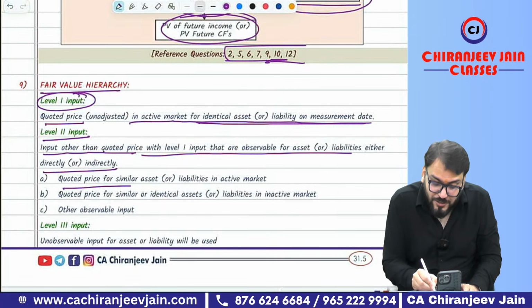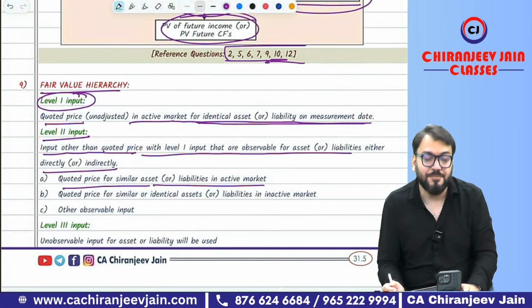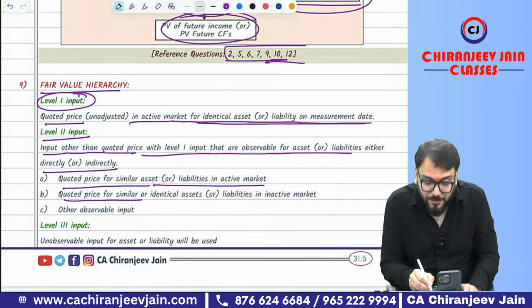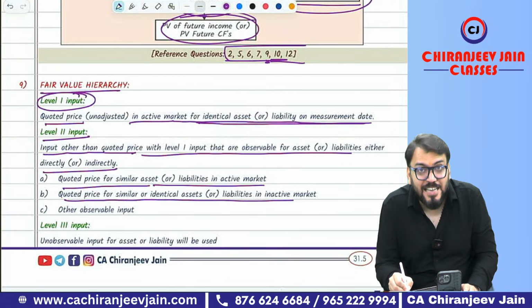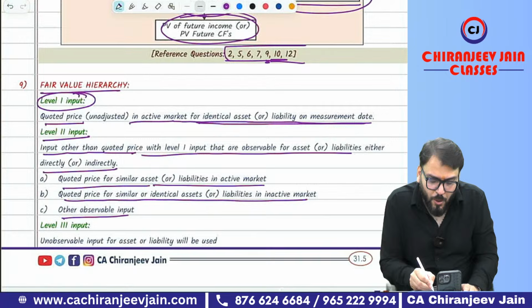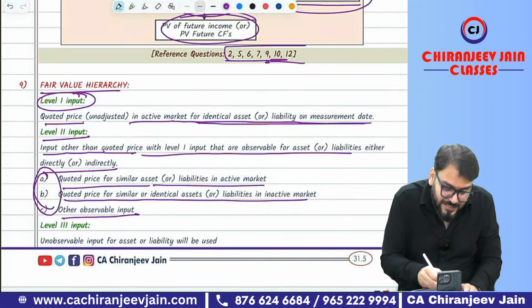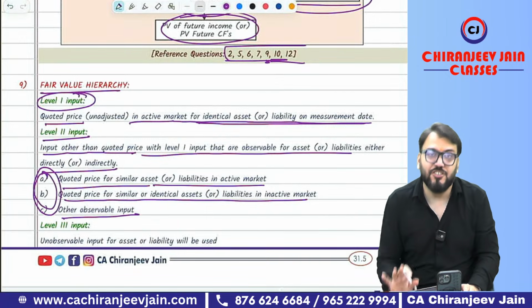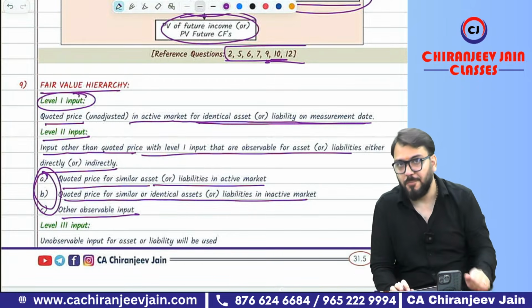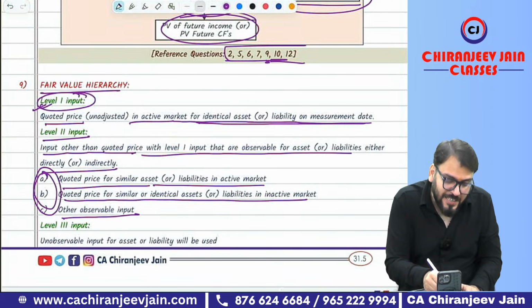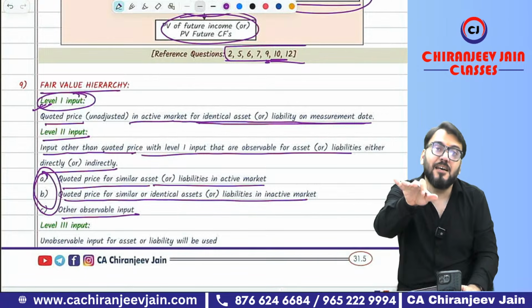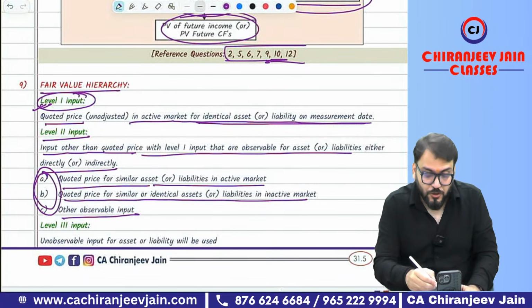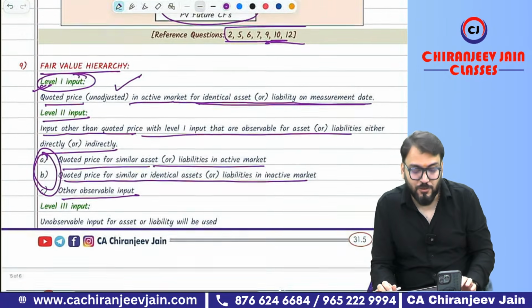Means quoted price of similar asset or liability in an active market, or quoted price of identical or similar asset in an inactive market, or any other observable information. In this case the quoted price requires adjustment because we take similar company information. In level 1, we directly take the quoted price of the relevant asset or liability. Got this point? Level 1, level 2 input.